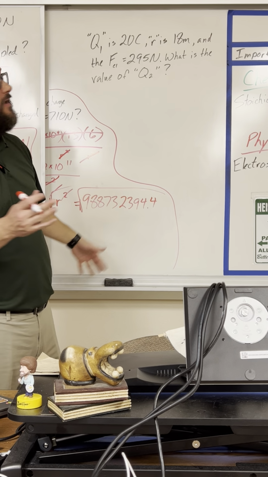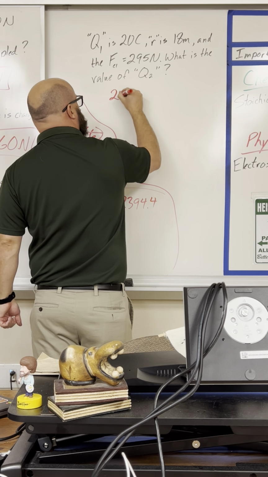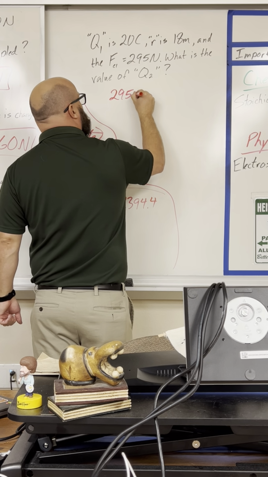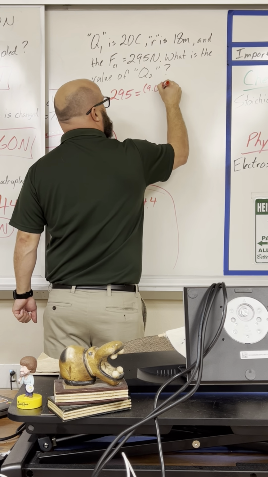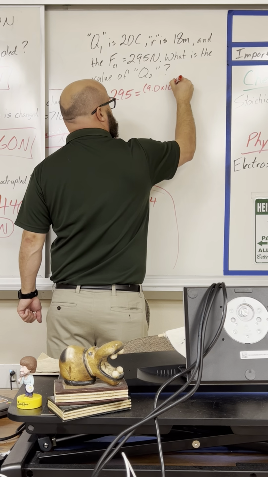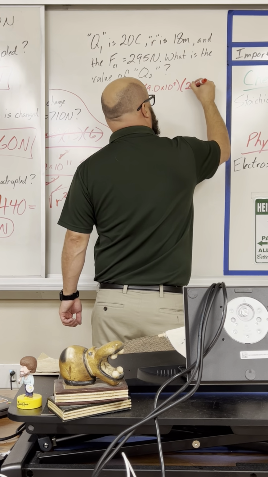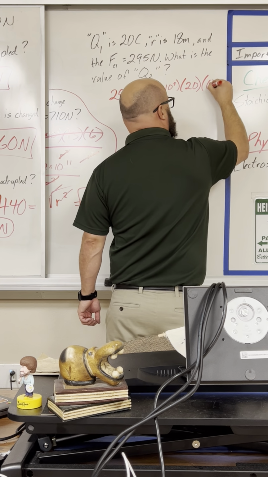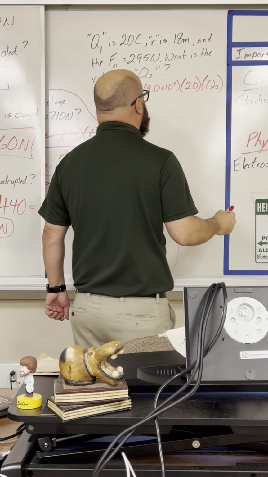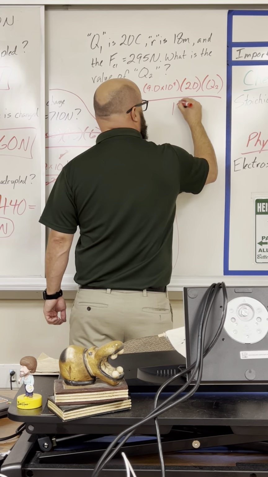So just plug everything in. 295 equals 9.0 times 10 to the 9th times 20 times what we're solving for, Q2. All divided by 18 squared.